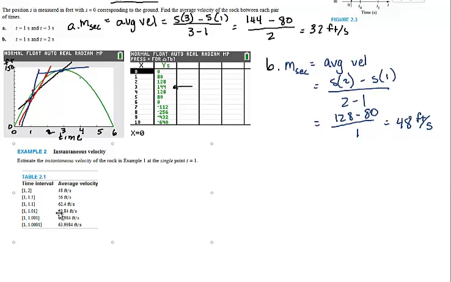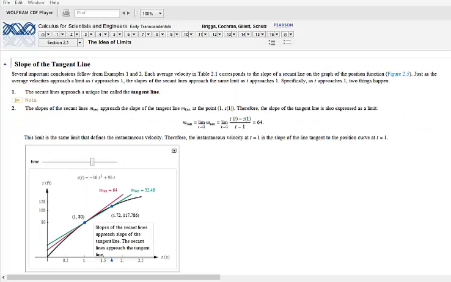And notice as they did that, that value came closer and closer to 64. Another word for having those 2 points get closer and closer to a single point, or closer and closer to 1, is called a tangent line.